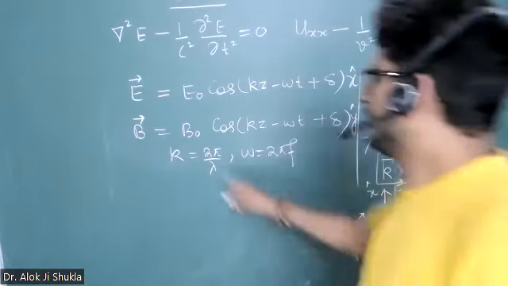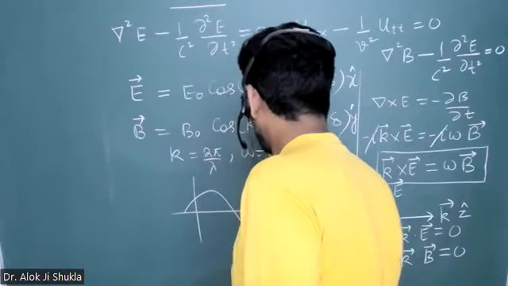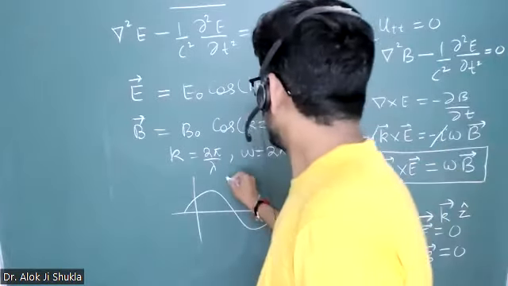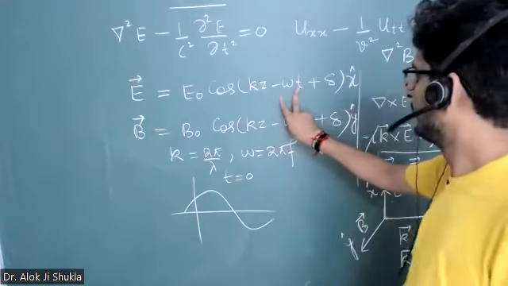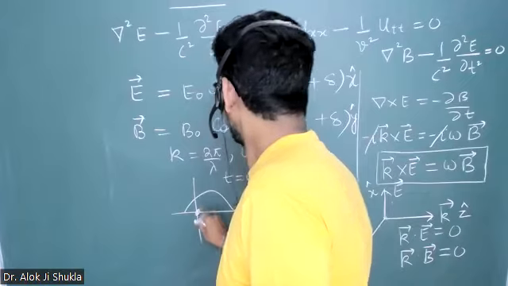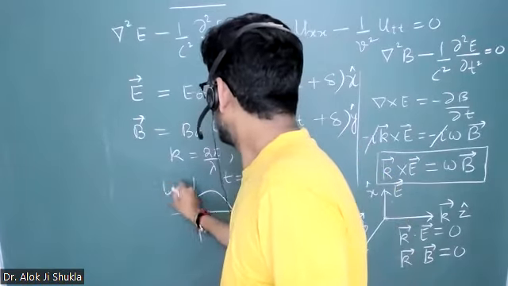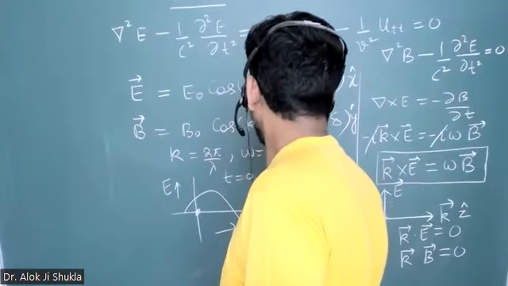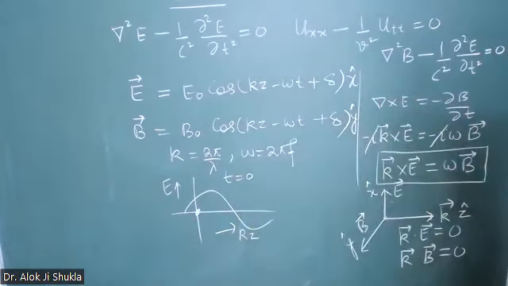So in general, if I plot this E, I will have to plot it like this, correct? Yes? Suppose this is the snapshot at t equal to 0. So this term goes, and then at z equal to 0 you have this equal to delta. So this is E, and this is say kz, with respect to kz I have plotted.